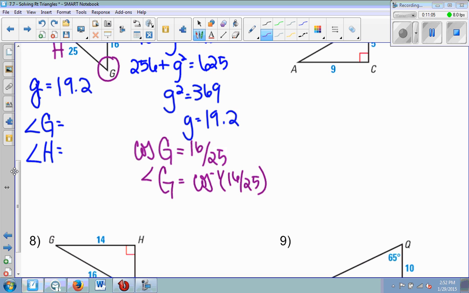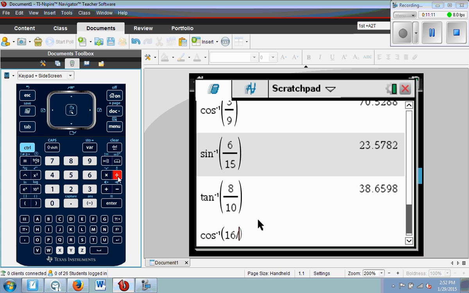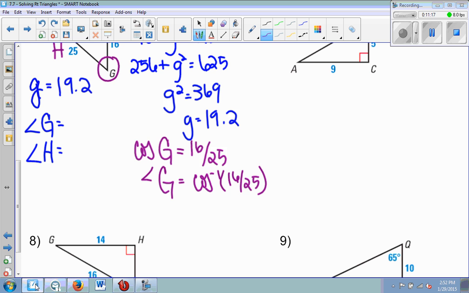That becomes a calculator problem again. So we're going to go to cosine inverse 16 over 25. Calculator tells me 50.2 degrees. So we'll list that up here.